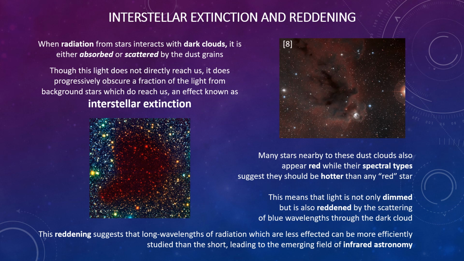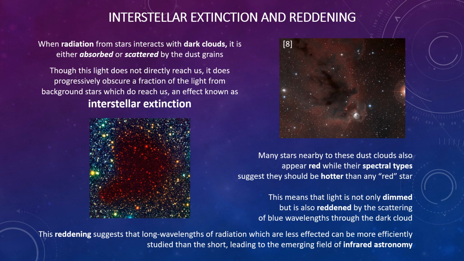So when stars are nearby to dust clouds, they often appear redder than their spectral types would suggest, because they should be hotter than the red star light that we're seeing from them. And this is due to the dust around them not only dimming the wavelengths but also reddening them.